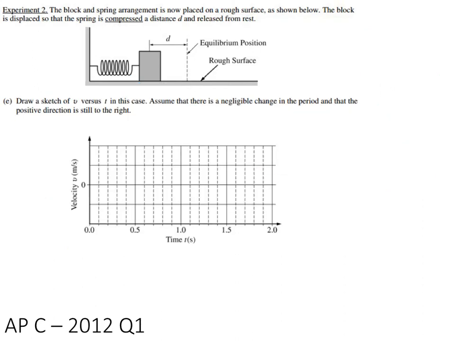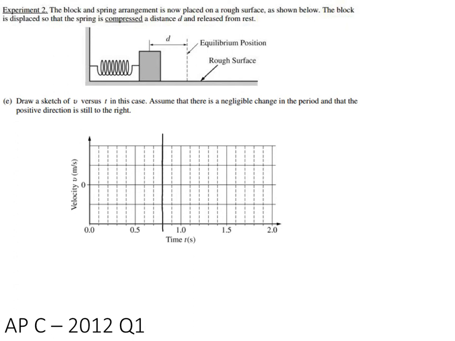Alright. Now they want to draw a sketch of velocity versus time in the case and assume that there is a negligible change in the period and that positive direction is still to the right. Alright, so let's see, the period from before was still 0.7. So let's keep that in mind.